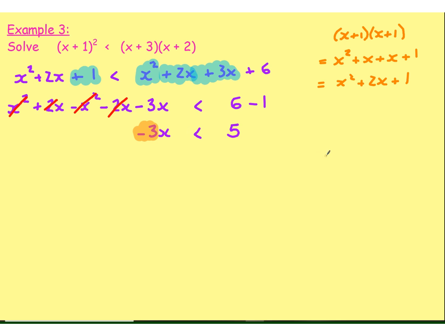So what I'm going to have to do in my next line of working is I'm going to have to divide by, oh sorry, I've written that wrong, I'm going to have to divide by negative 3. Okay, so that's when this special rule's kicking in. I'm changing the direction of the symbol. 5 over negative 3, that doesn't simplify, so let's just leave it like that.